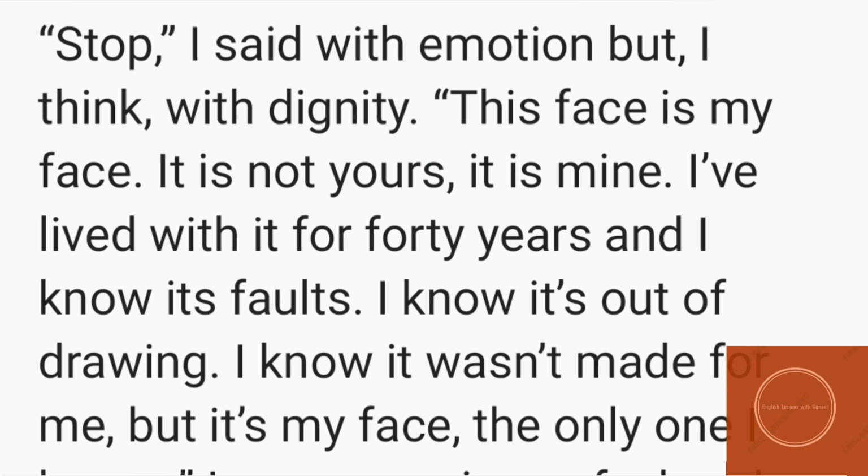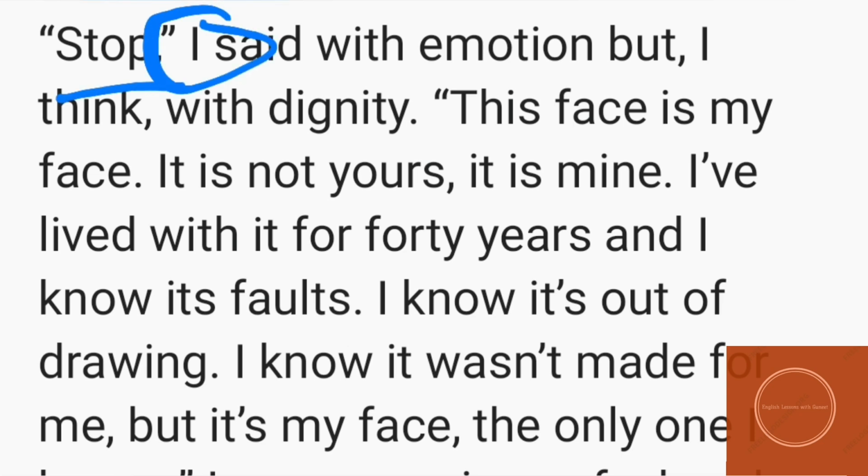Stop, I said with emotion, but I think with dignity. So now, after all the mean comments that the photographer had made about the narrator's body, the narrator was finally just tired of hearing all of those comments, and now he was finally fed up, and he decided to tell the photographer to stop about it. So he said, Stop. Who is the I in this sentence?